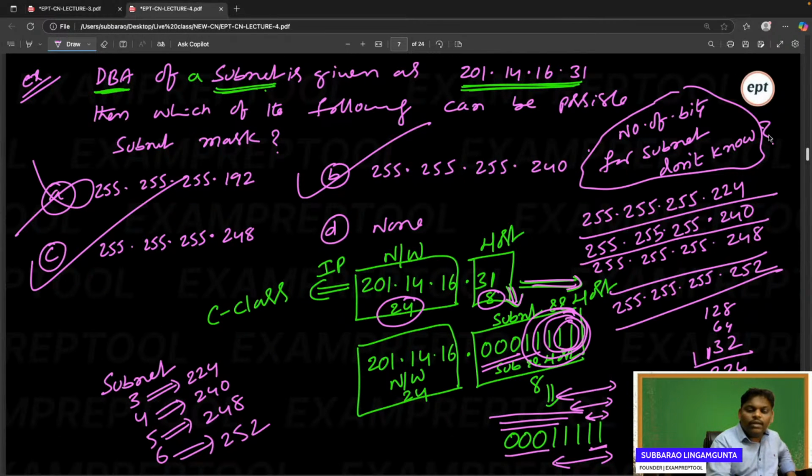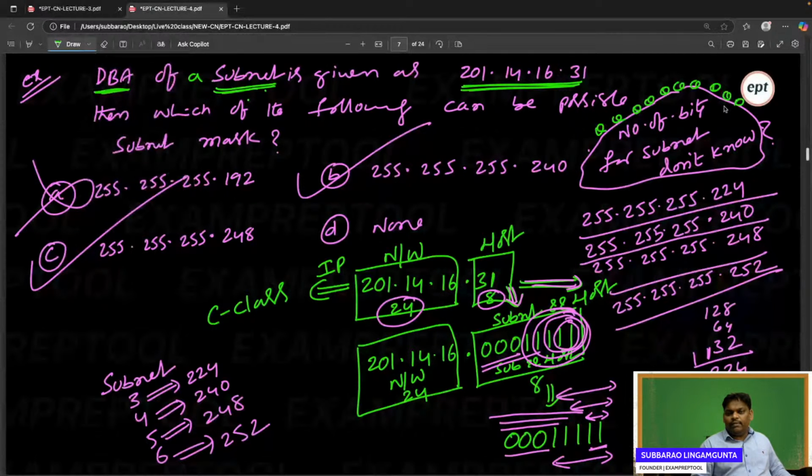If anyone is not getting it, this is the major point here: the number of bits for the subnet is not known.